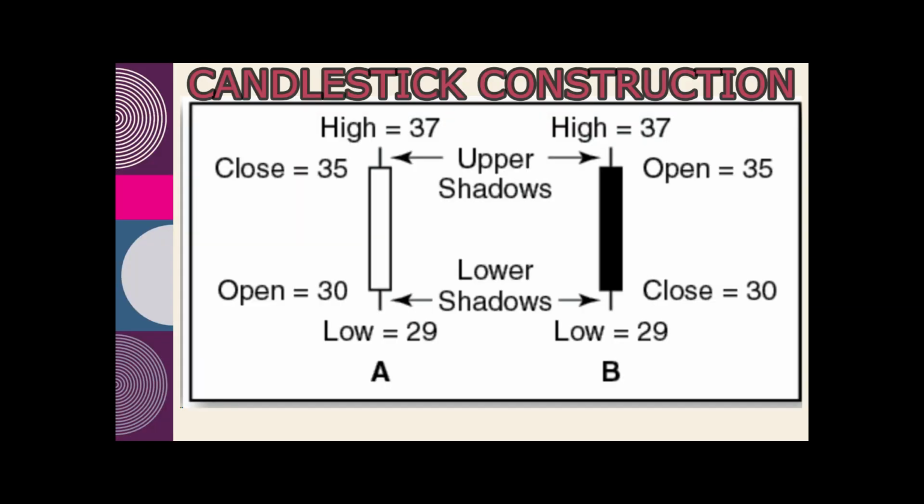How to construct a candlestick chart? Right on the screen, you see a white candle and a black candle. A white candle is a bullish candle and a black candle is a bearish candle. Color doesn't matter. Here I'm using white and black. In some tools they use green and red, or hollow candle and filled candle.